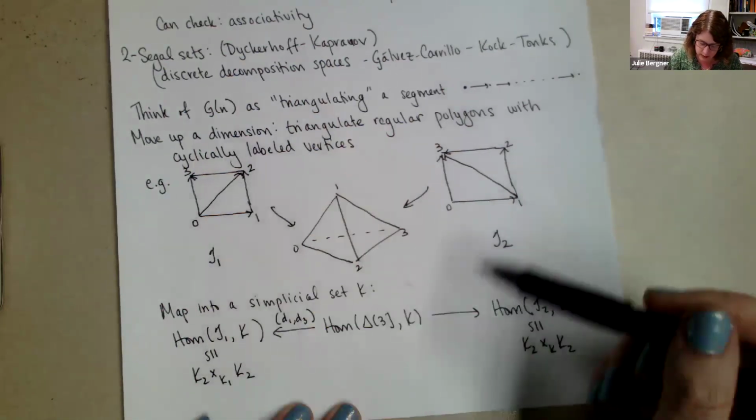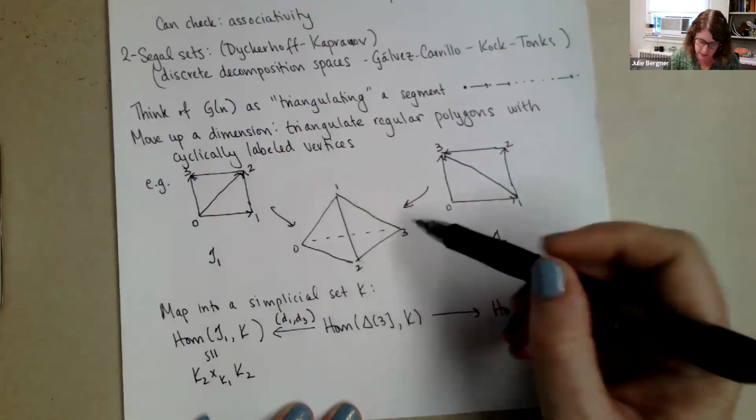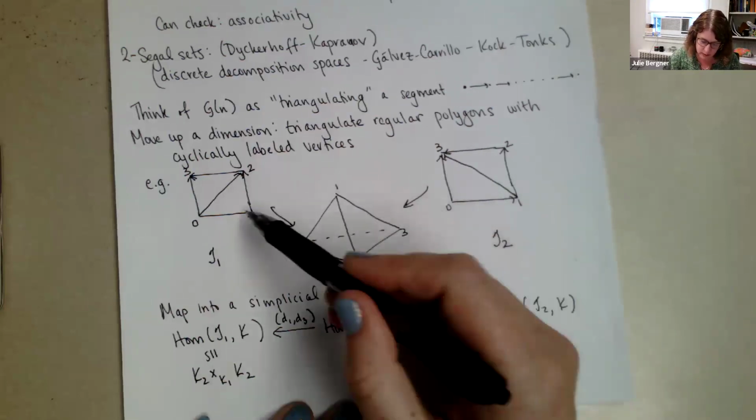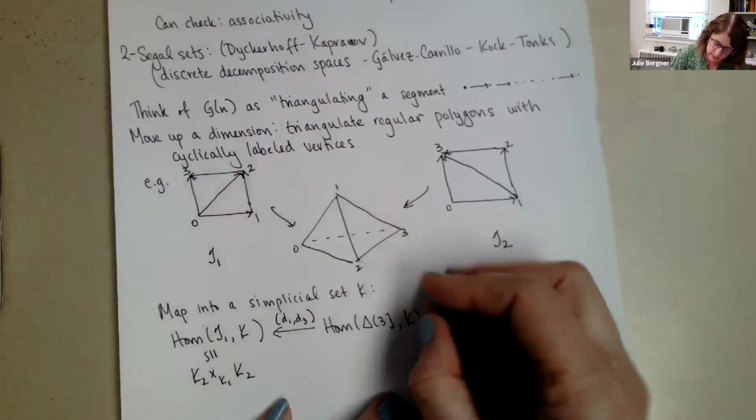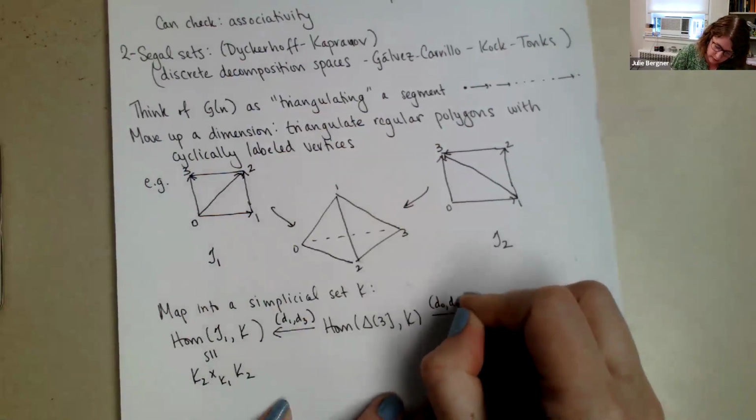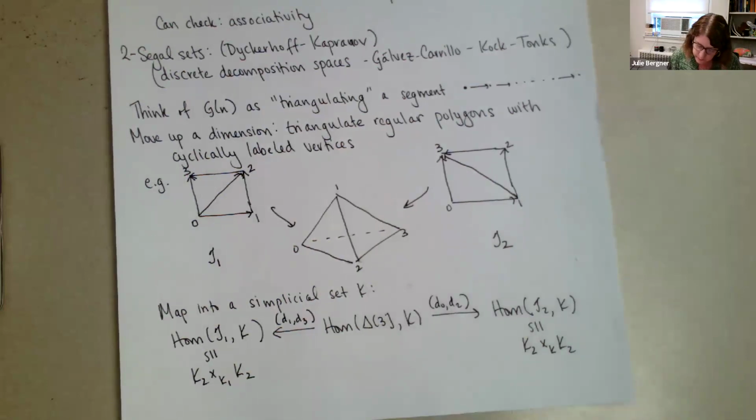That's this triangle here. And if I leave off the third one, the face opposite that is 0, 1, 2. Those are exactly the 2 triangles that I get here. And similarly over here, this is D0 and D2.